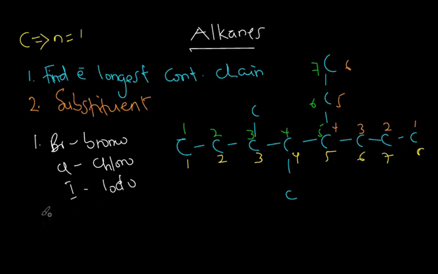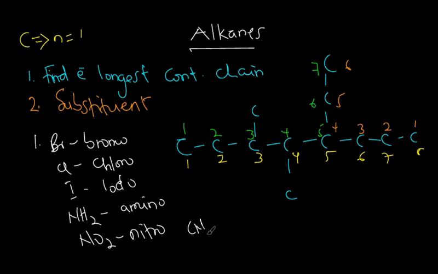Then we also have NH2, which we call amino. This is the amino group. And then we also have NO2, which is the nitro group. We also have the CN group, which is the cyano group. So these are all inorganic substituents.